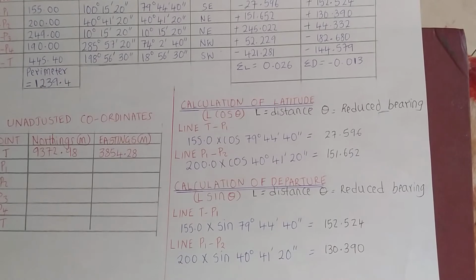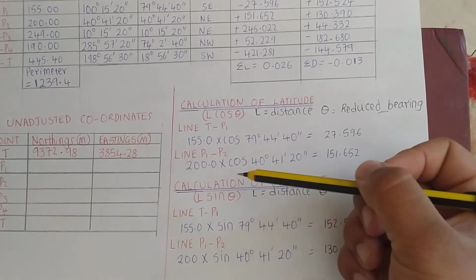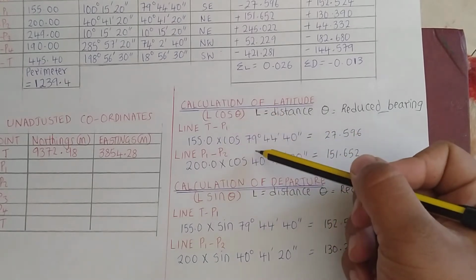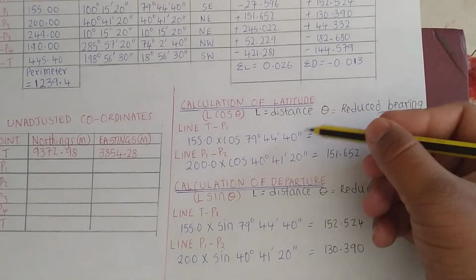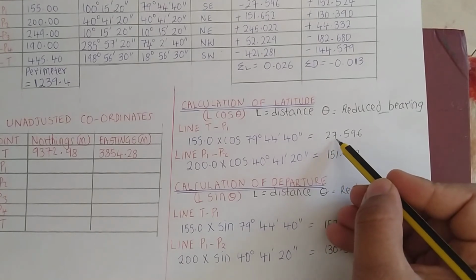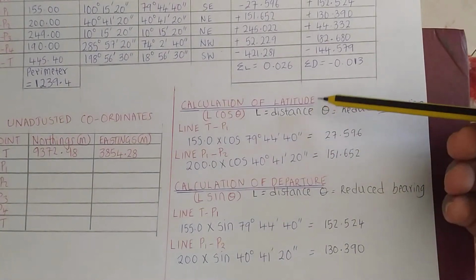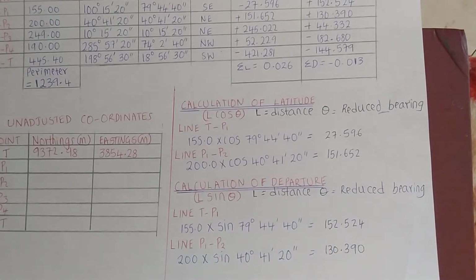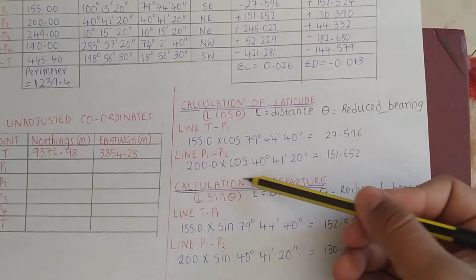For line TP1, our distance was 155 meters, and I multiplied by cos theta, that is the reduced bearing, which is 59 degrees 44 minutes and 40 seconds. I got 27.598. That is the latitude of line TP1. Also for line P1P2, I took the distance which was 200, and then I multiplied by cos.